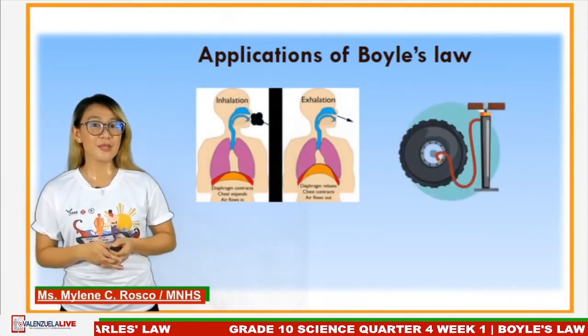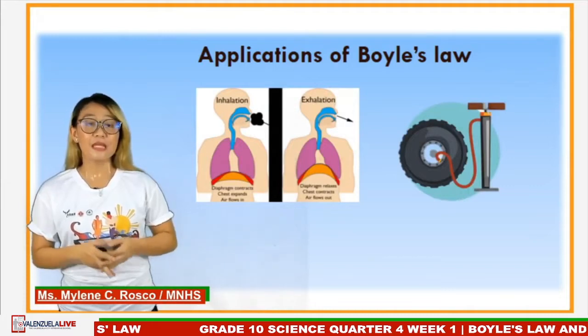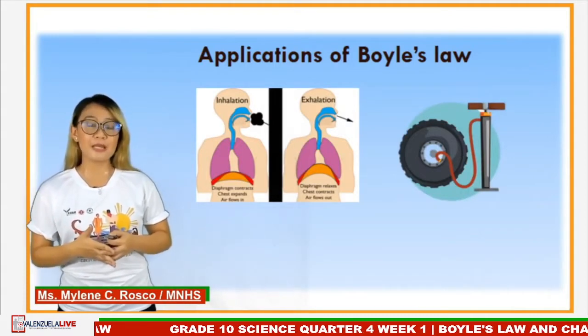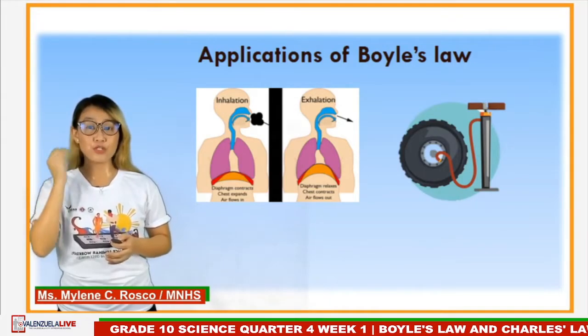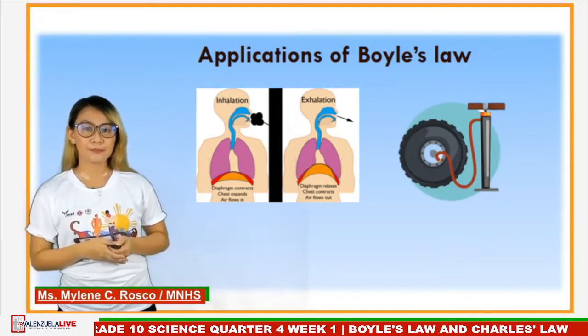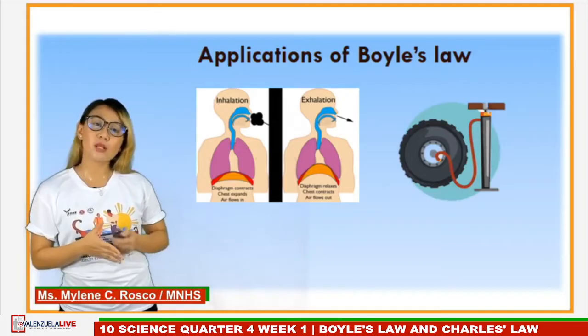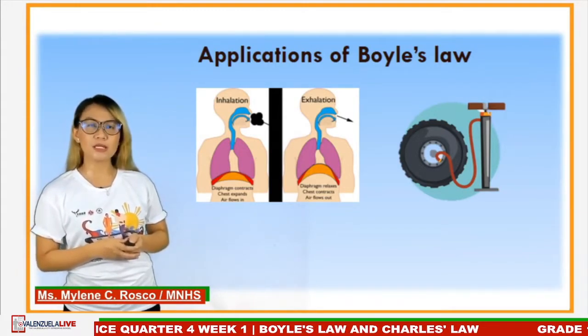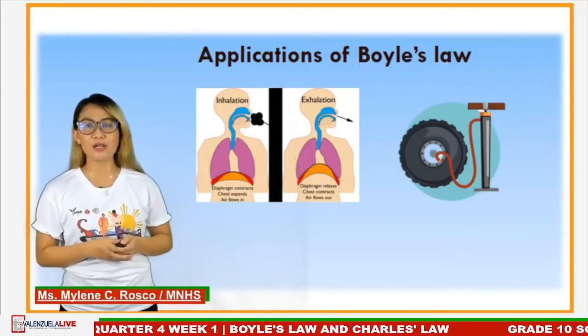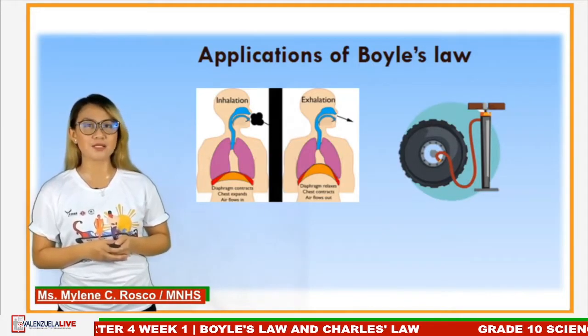First, the mechanics of human breathing. Inhaling and exhaling basically means increasing and decreasing the volume of our chest cavity. This creates low pressure and high pressure in our lungs, resulting in air getting sucked into our lungs and leaving our lungs.